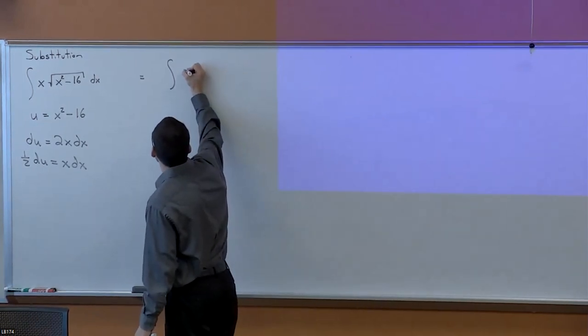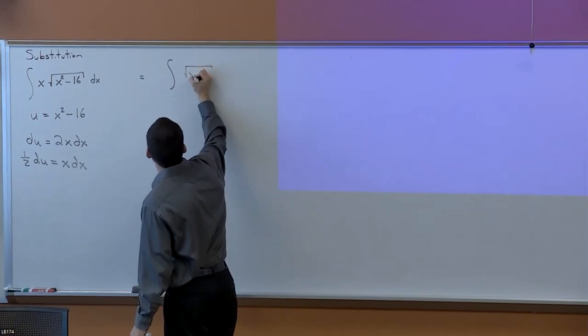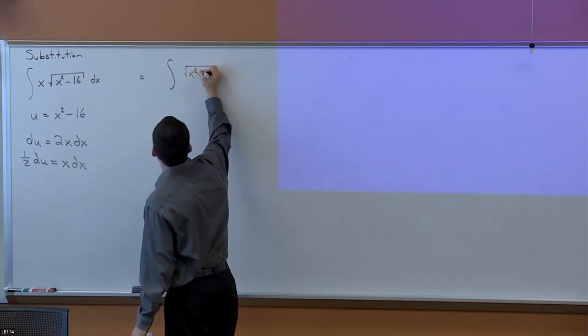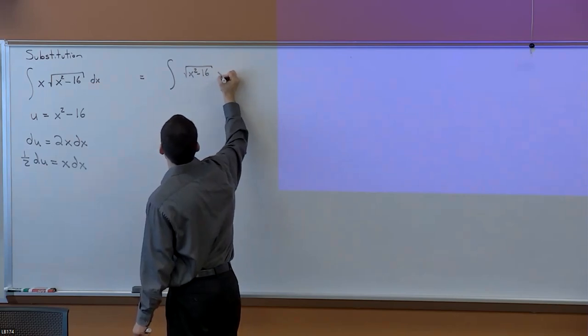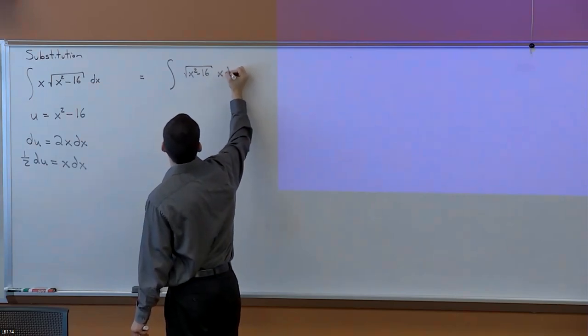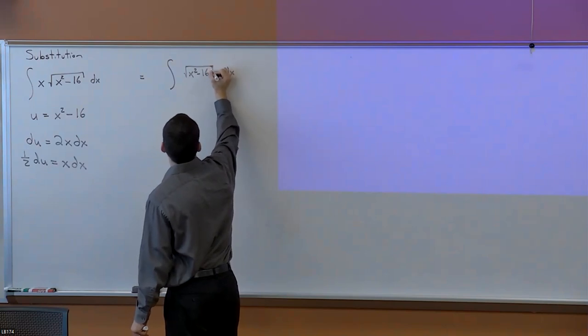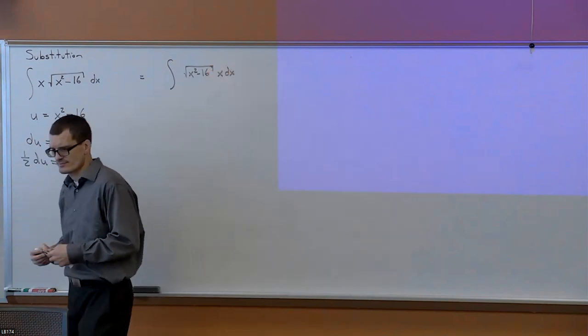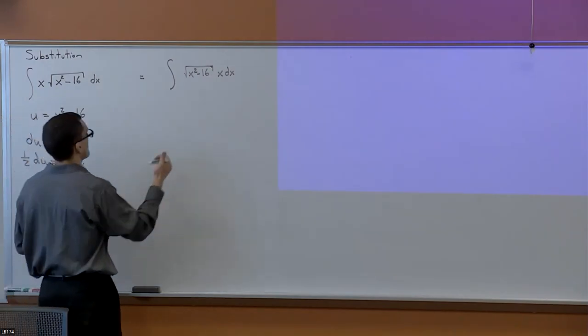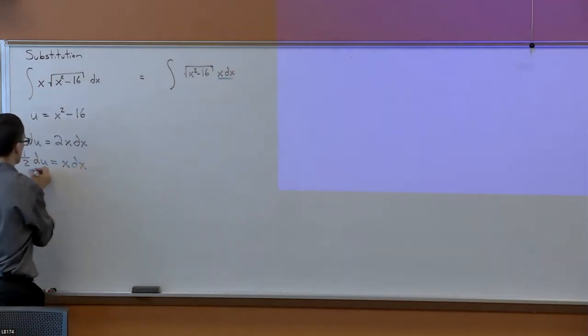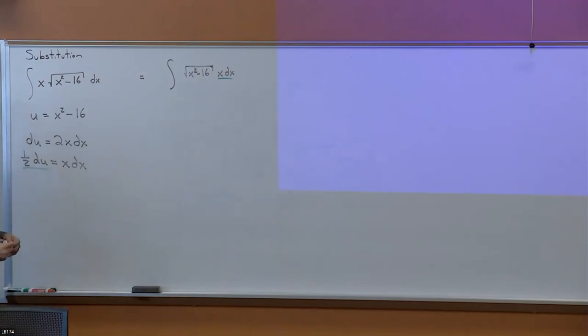Like I said, I always like to rewrite the square root of x squared minus 16 times x dx. The x dx will become 1/2 du.